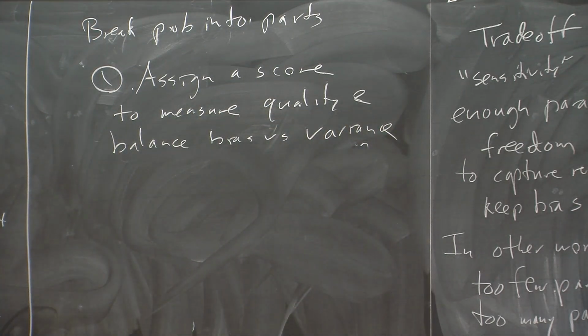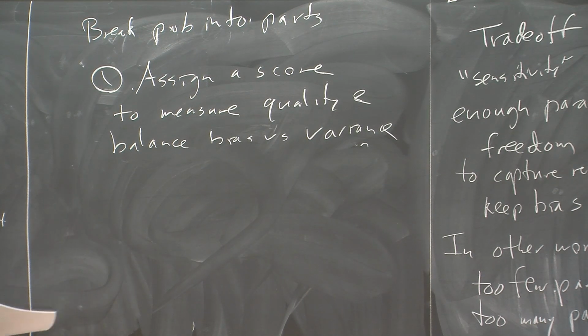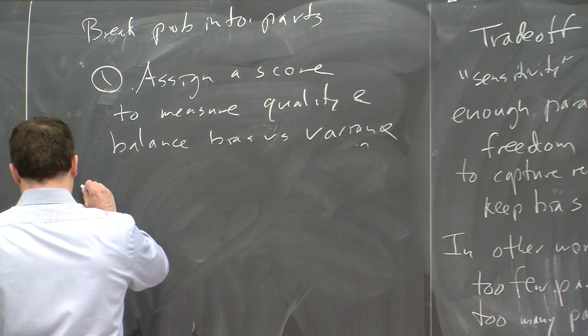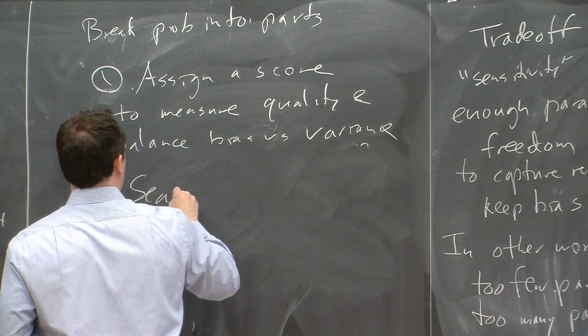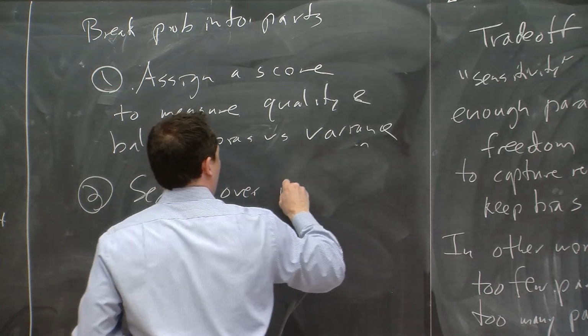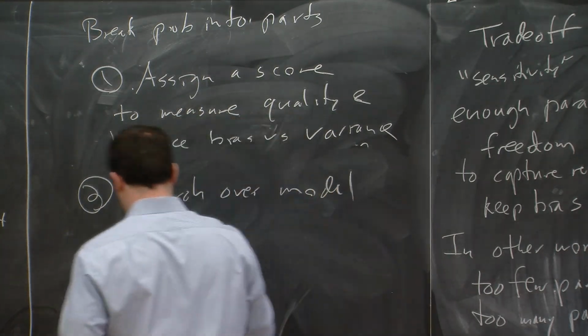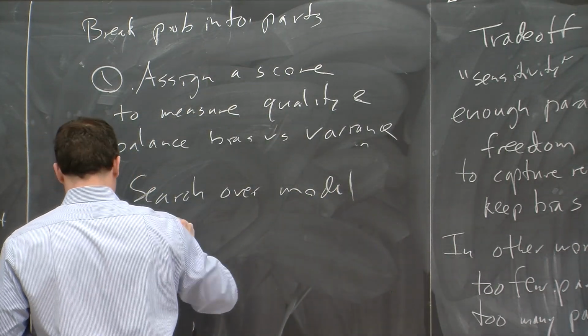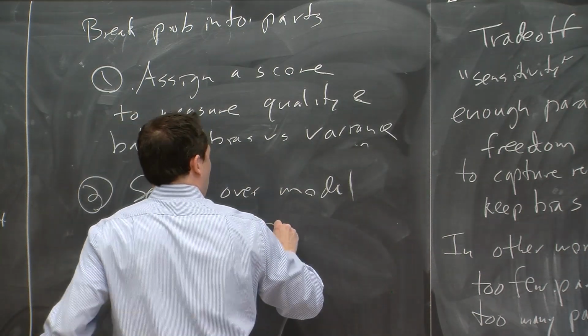Sort of a utility function. Of course, there could be dominated models. There could be models which are worse on both things, and you should throw those out. And then second, search over the model space for the model with the best score.